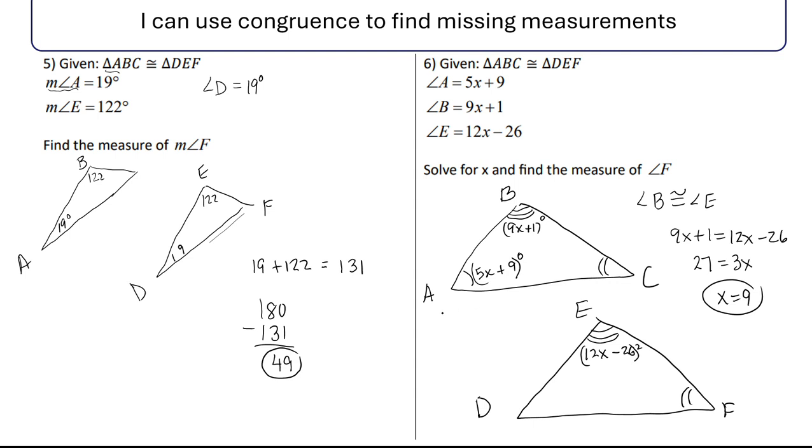So if I plug in 9, B is 81 plus 1, so 82 degrees is angle B, and angle A would be 5 times 9 plus 9. 45 plus 9 would be 54 degrees. So those two added together, 82 plus 54, gives me 136, and I know the whole triangle has to be 180. So 180 minus 136 gives me 44. If this angle is 44, then I also know angle F is 44.